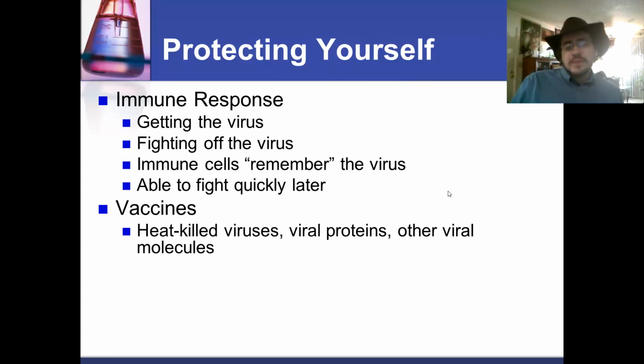What's useful about a vaccine is that you're not getting the disease, but your immune system still recognizes these things as foreign and starts to remember them. And these things can be remembered if you ever get the actual virus. So it sort of primes your immune system without the annoyance of actually getting the disease. So vaccines are incredibly awesome.